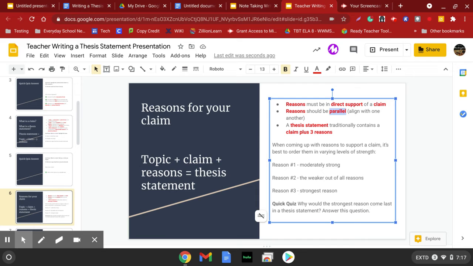Why would the strongest reason come last in a thesis statement? Answer the question. Why do you think it would be the last one?